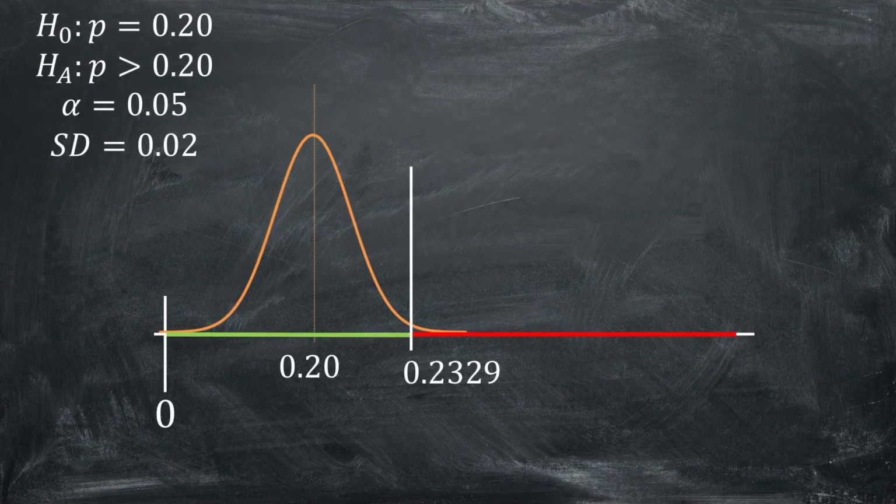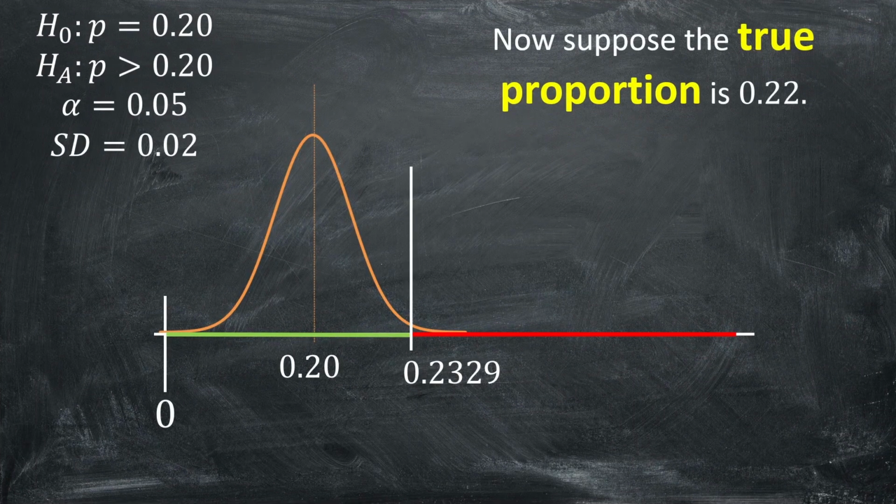Right. So here what we'll do, let's suppose that the true proportion is 0.22. So now the true distribution of p hat is going to change. It's going to be centered at 0.22. It's also going to be a bit shorter and a bit wider. And why is that? Recall that the distribution of p hat is widest when the true proportion is 0.5.